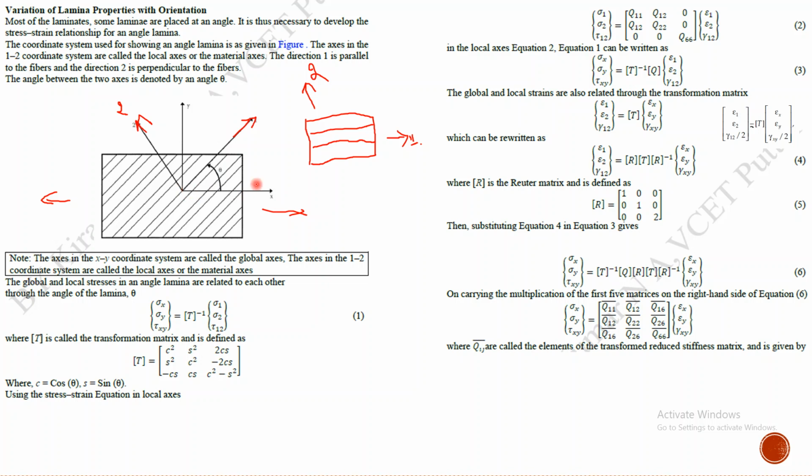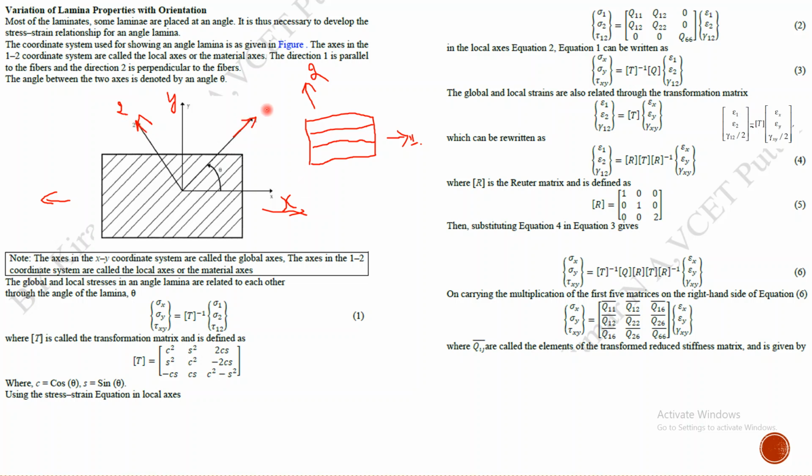So I am going to introduce the global coordinate system, which is horizontal as x and vertical as y. What is the intention? I hope everyone will get that. The stresses and strains we calculated previously are in the direction of the fibers as well as perpendicular to the fibers.